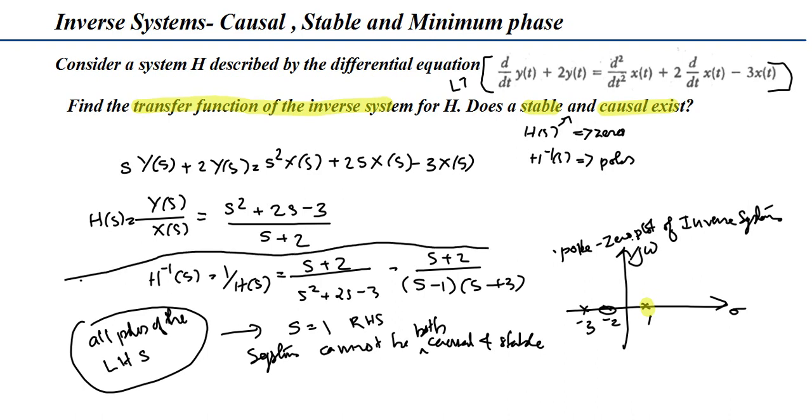We can verify this with respect to h of s. If you are verifying with respect to h of s whether any causal and stable inverse system exists, at that time we will verify the zeros. But if you are directly taking the inverse, then we talk about the poles.